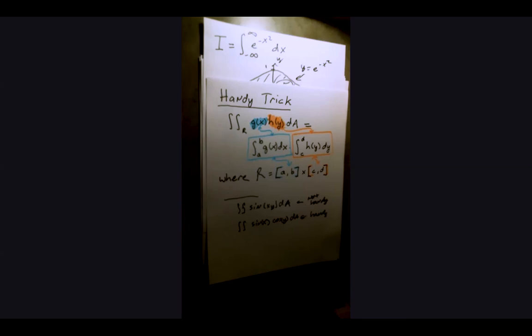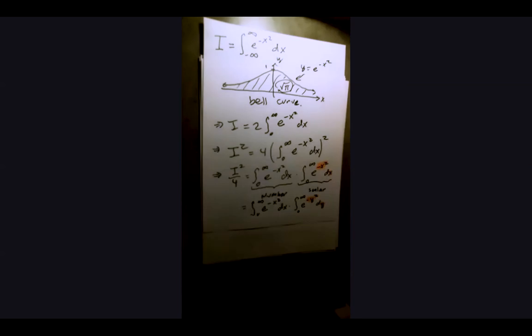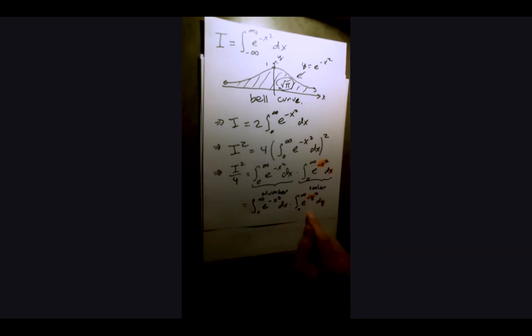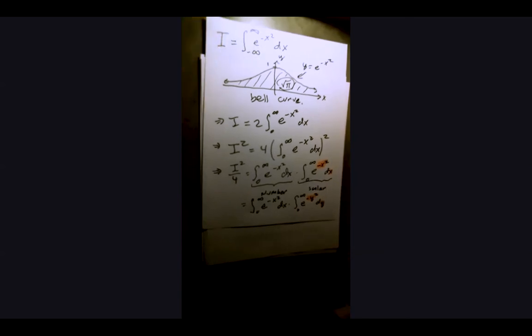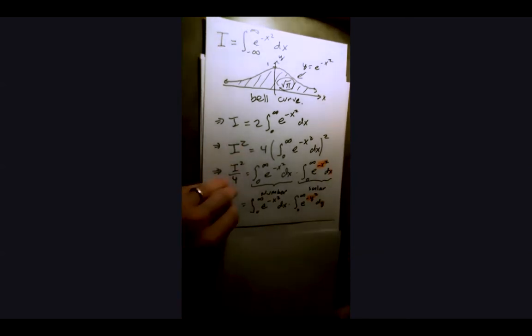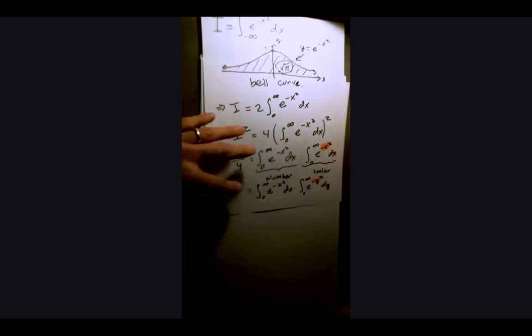This is a theorem you would have had from last quarter, but it basically lets us take apart double integrals and write them as two single integrals. In this case, it lets us take these two single integrals, one with just x's and one with just y's, and write them as a single double integral.